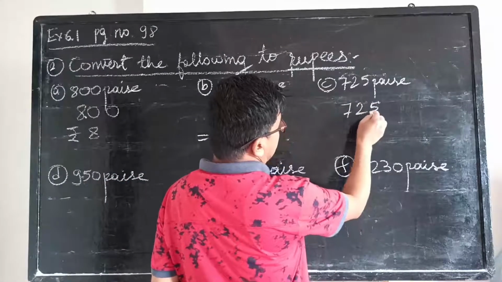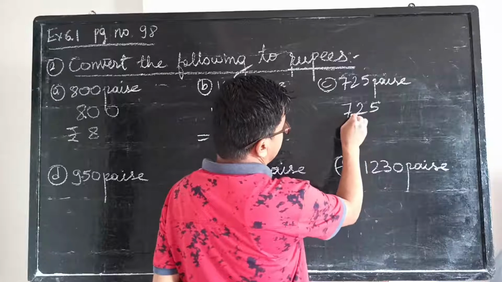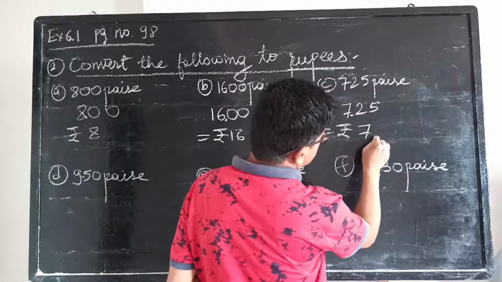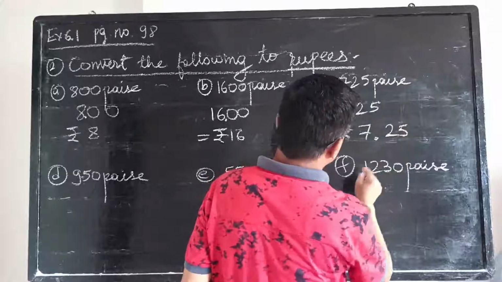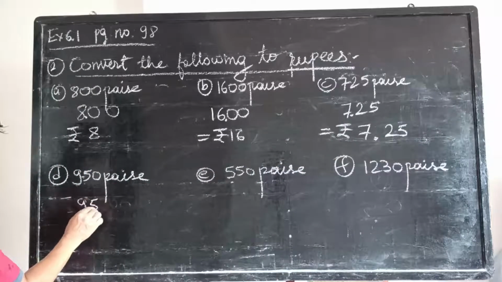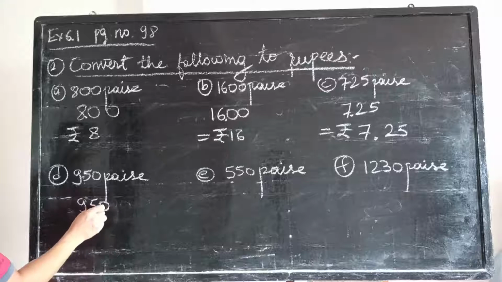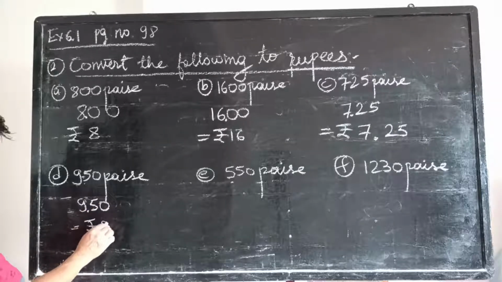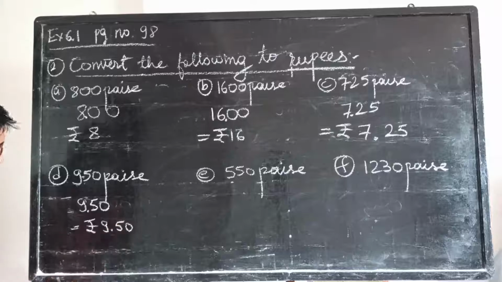Here also 725. Leave 2 digits from the right and put a dot here. It is equal to rupees 7 and 25 paise. Now here also 950. Leave 2 digits from the right and put a dot here. It is equal to rupees 9 and 50 paise.